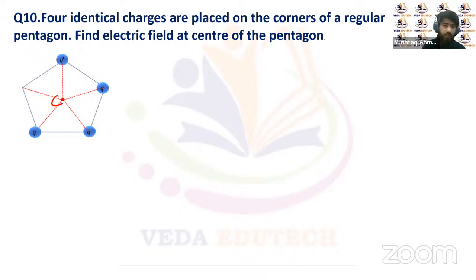Now you can see there are four charges Q, Q, Q, and Q placed at four corners of this pentagon.